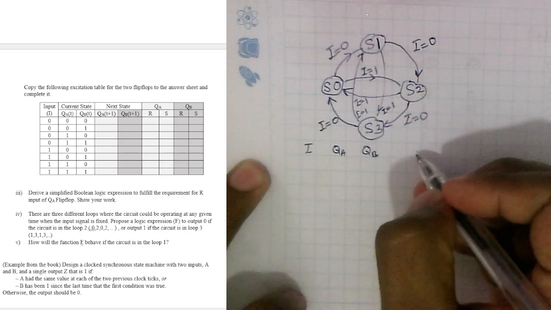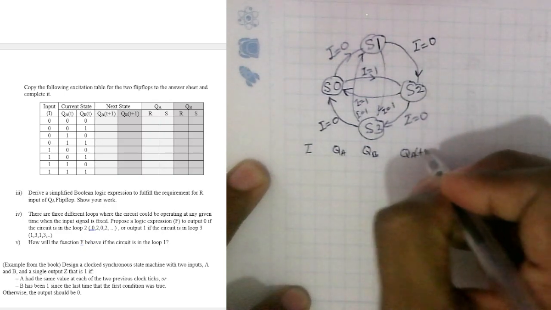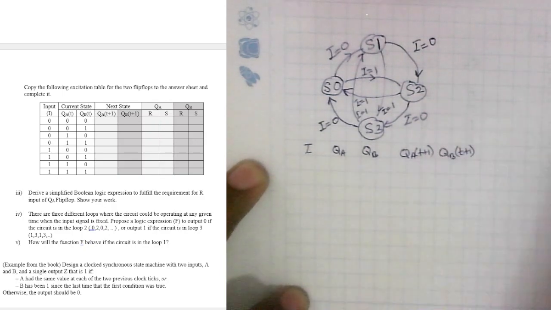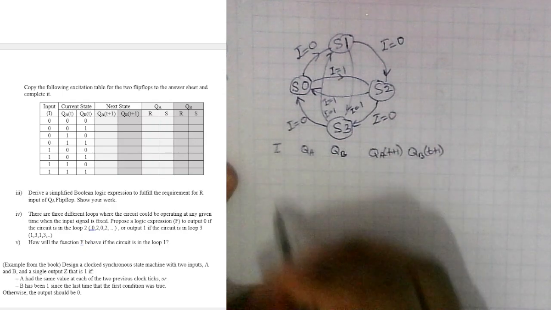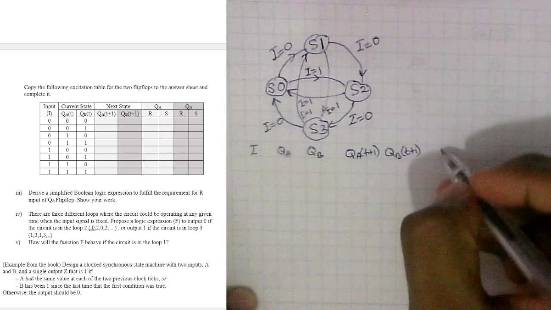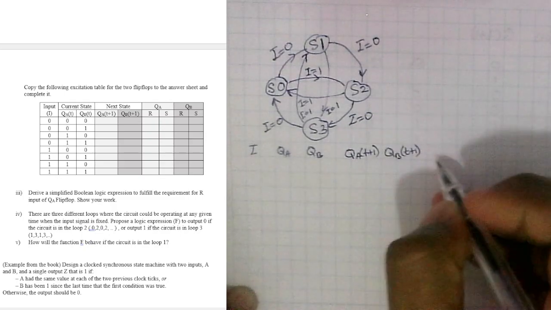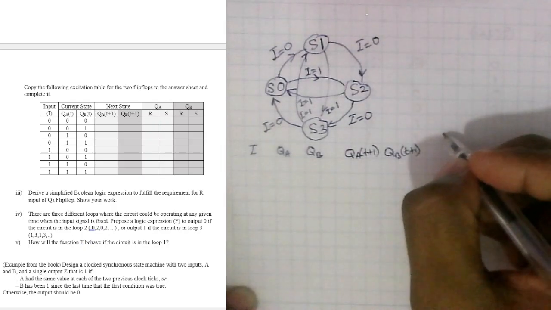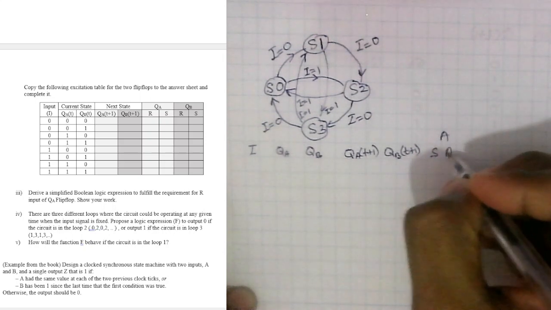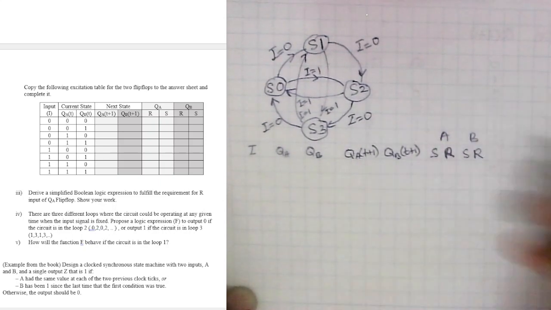So these are the current state, and we know that we can have QA t plus 1, QB t plus 1, and so this is the current state, this is the next state we are trying to achieve, and then we need input signals or excitation signals for each of these transitions to happen, right? So for QA I need two excitation signals, S and R, right? For B also I need S and R, two signals, right?